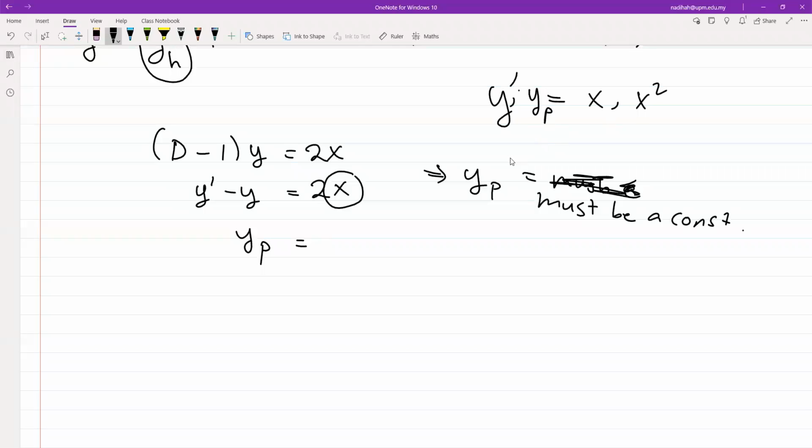Yp mesti ada x dengan x possible. Sebab apa? Kalau saya buat, so saya kata yp sama dengan ax squared plus x. So saya buat yp prime adalah 2ax plus 1 equals to 2x.